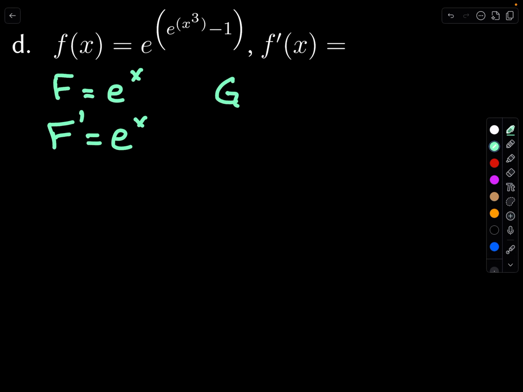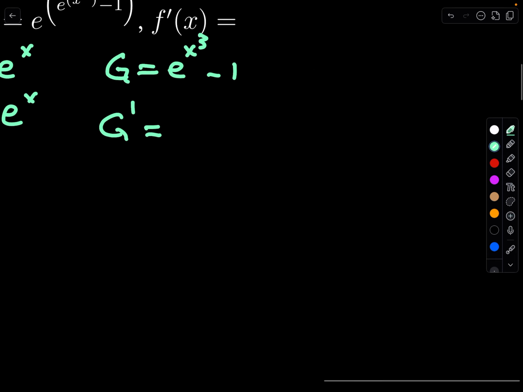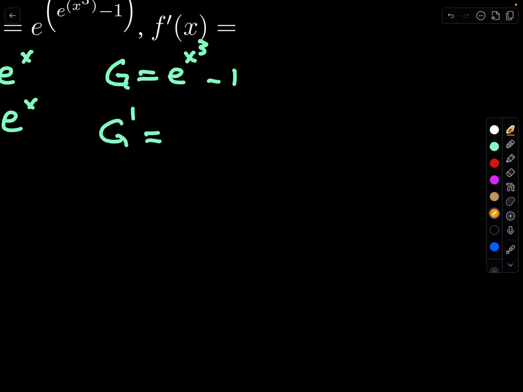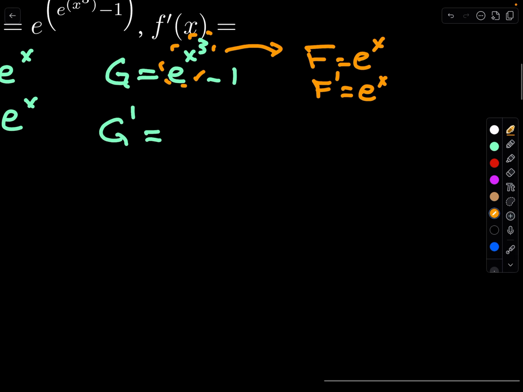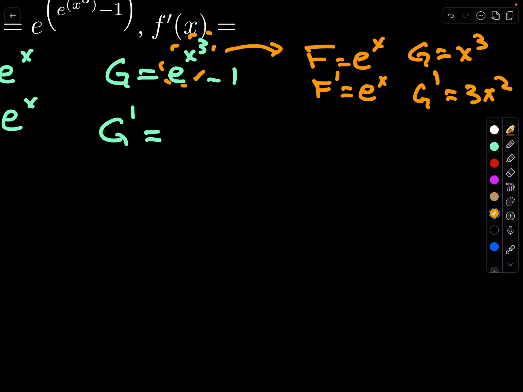So my g is e to the x cubed minus 1. In order to compute g prime, I'm going to need to use the chain rule again. And so here, I'll use this in orange. Same deal, this gets a little tedious. G is x cubed, g prime is 3x squared.